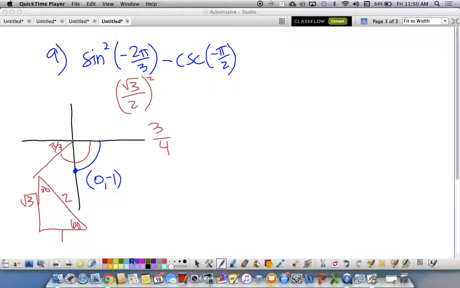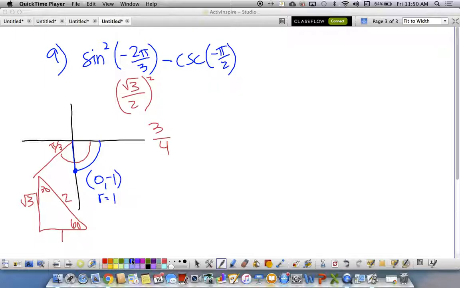What's the distance from the origin down? It's 1. Do you remember? The x squared plus y squared equals r squared. Yes, it's the Pythagorean theorem.